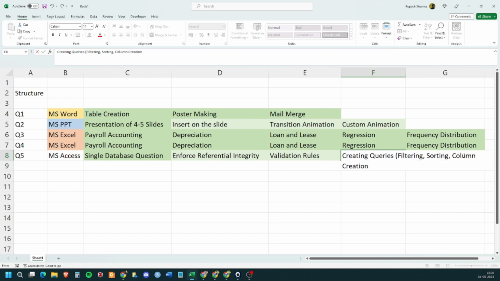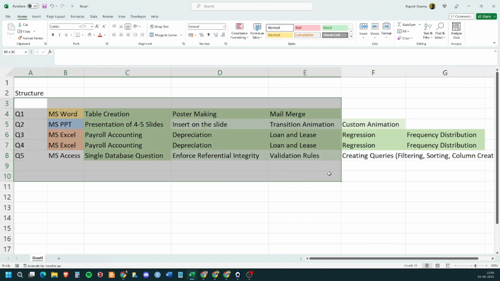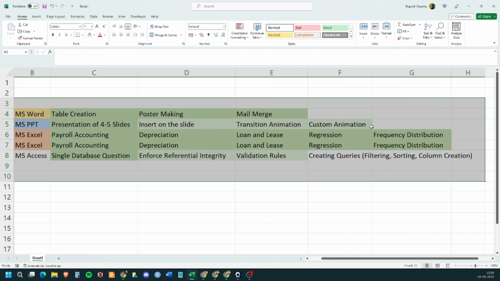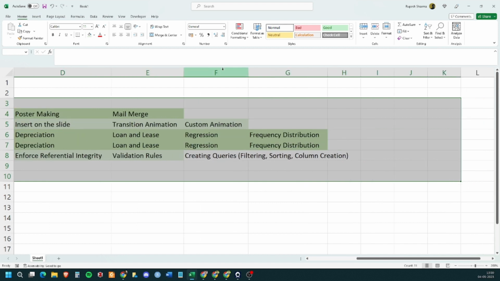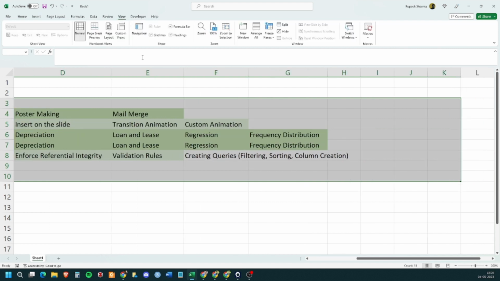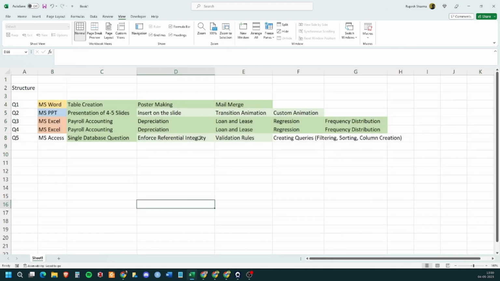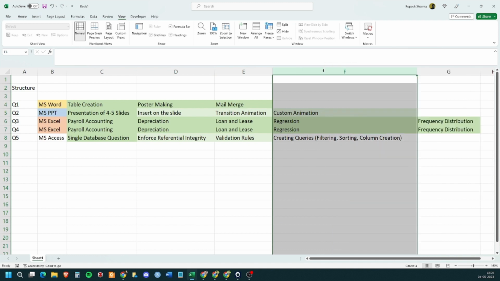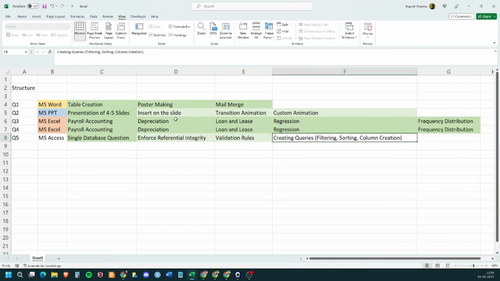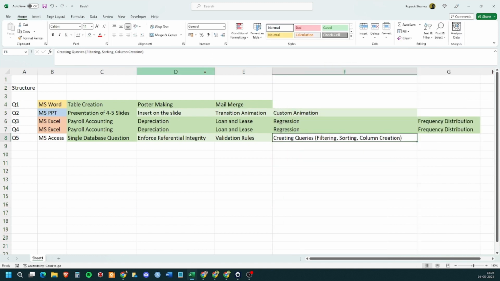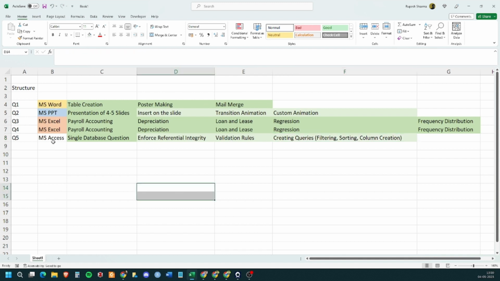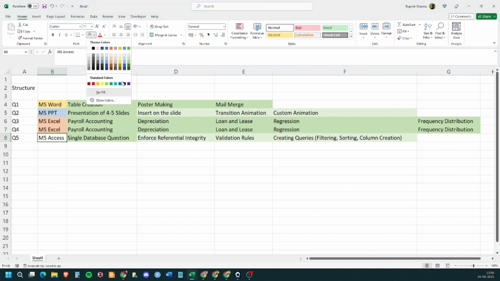You might be asked to create a new column using all the other columns in your query. तो इन सारी चीजों को लेकर ही हमारा MS Access का सारा डिस्कशन हुआ. So this is largely what we have covered, and this is going to be the structure of your exam.